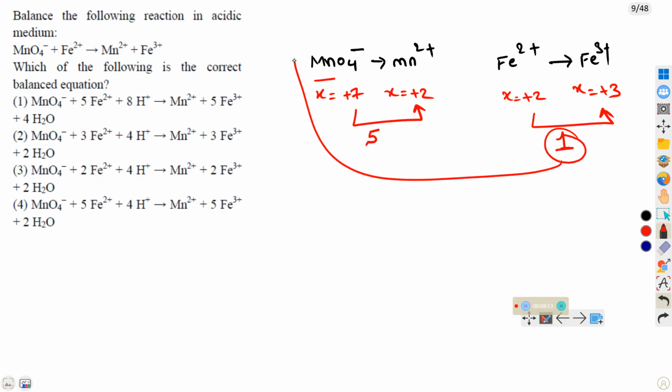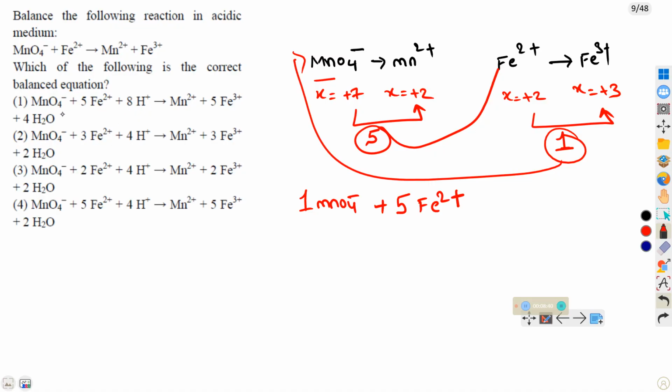Now exchange the coefficients. 1 mole of MnO4 minus plus 5 moles of Fe2 plus you can take. The first option looks like that only. Now check it. Manganese atoms are balanced, oxygen atoms balanced, irons balanced, hydrogens are also balanced.